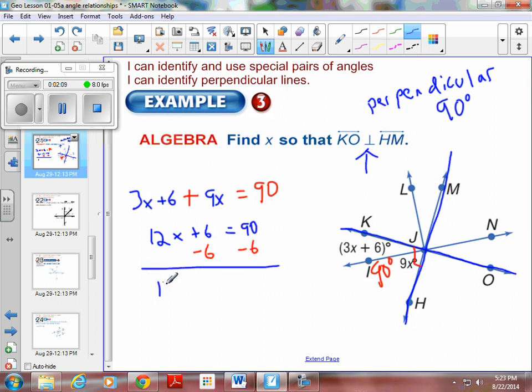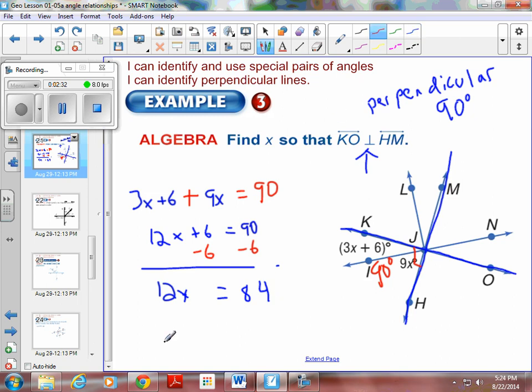So the 12x drops straight down, the equal sign drops straight down. The minus 6 is on both sides of my equal sign, so 90 minus 6 is 84. That 84 looks more like a 4.